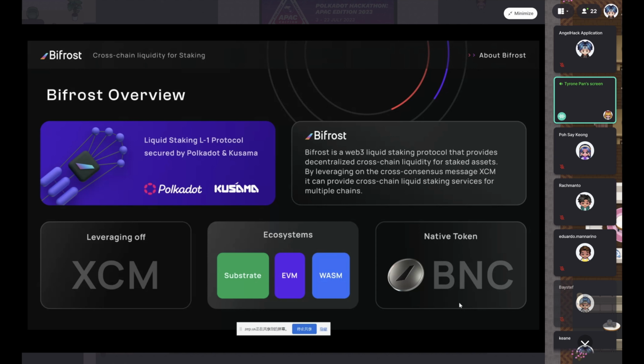For example, Gear is a WASM development platform, and we support both EVM and WASM. If we can deploy the contract on WASM, definitely that's compatible, and on the native token BNC.